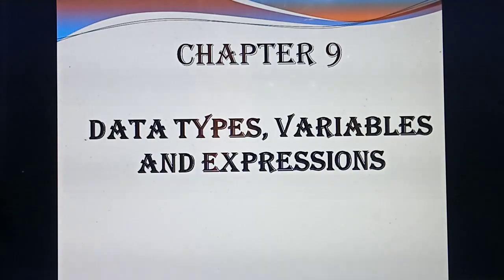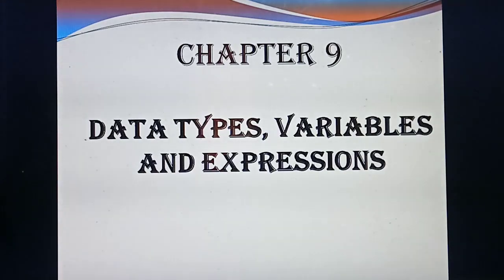Last class we studied a lot of data types and also the important fundamental data types. Totally 5 fundamental data types are there. What are they? Int, float, double, void, and also char.